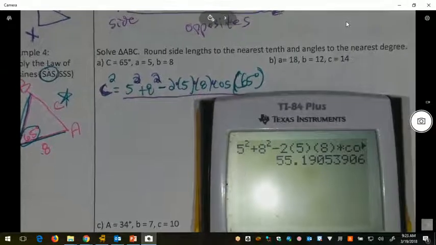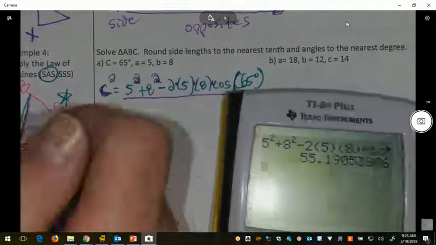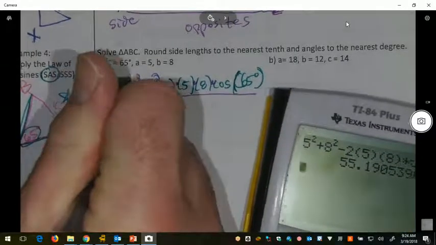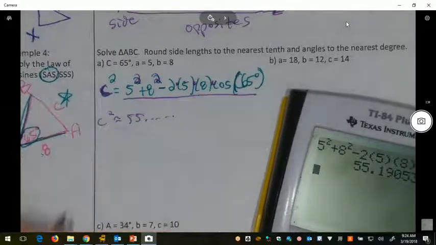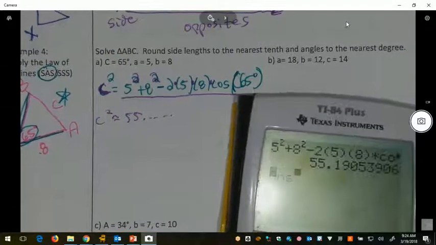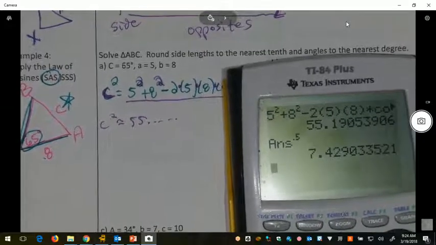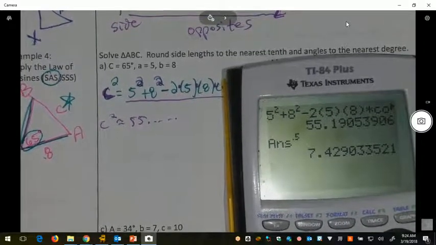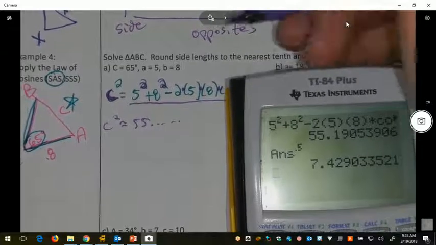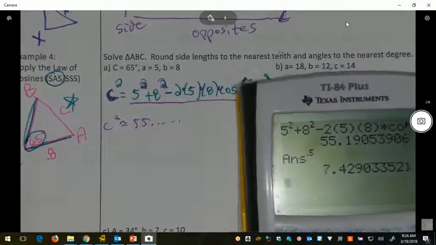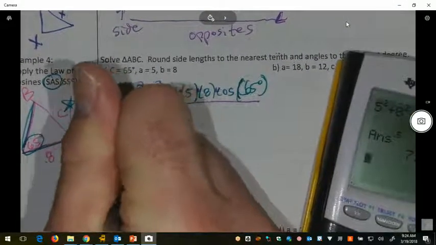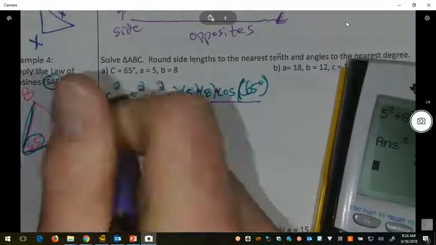And I get this number. That's what C squared equals. So I'm going to do the square root, or raise it to the 1/2 power to get the square root. So that's 7.4 to the nearest tenth, because they say up here round side lengths to the nearest tenth. So C is roughly 7.4.